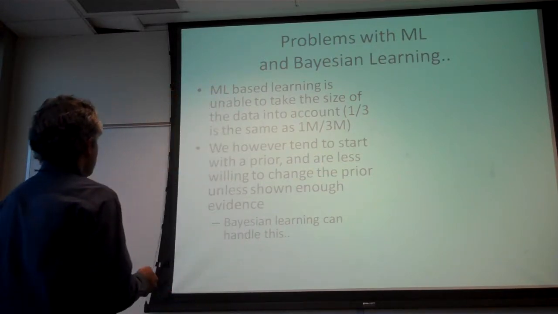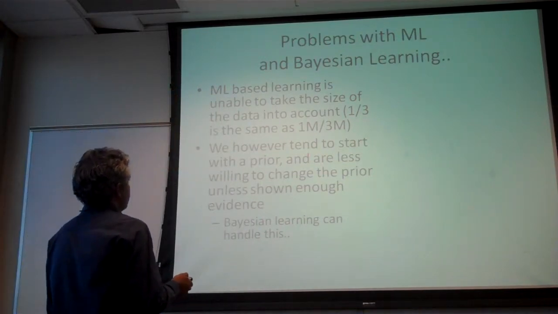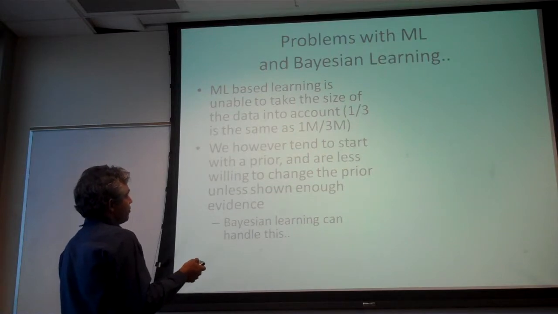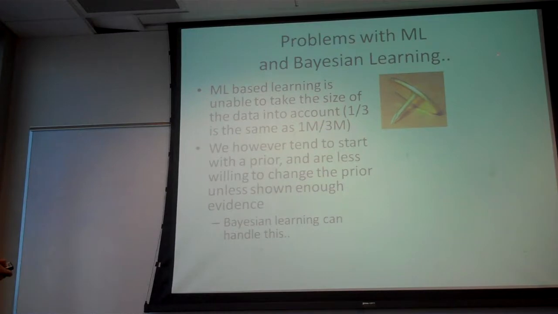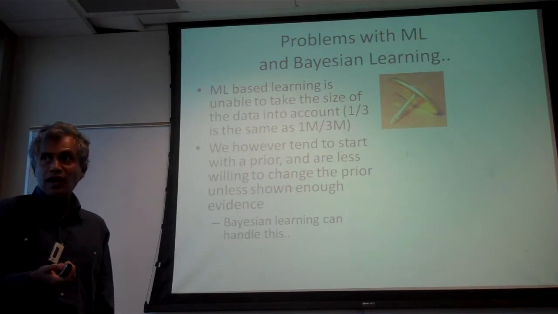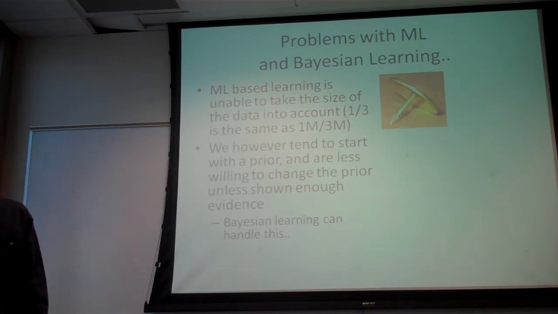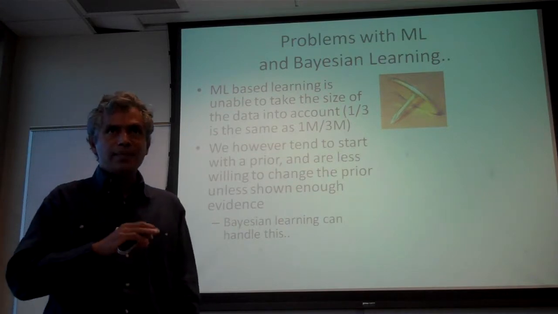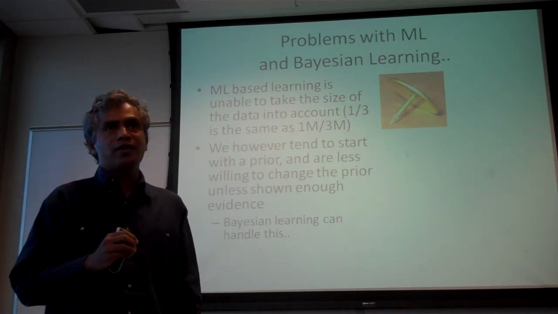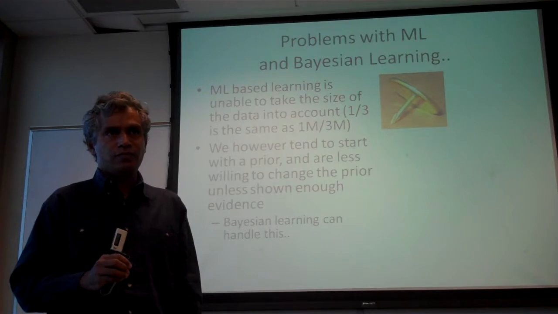As a way of remembering it: if I tell you that a particular thumbtack came heads up once in 3 times, versus 1 million times in 3 million times, they're basically equivalent information from a likelihood point of view.